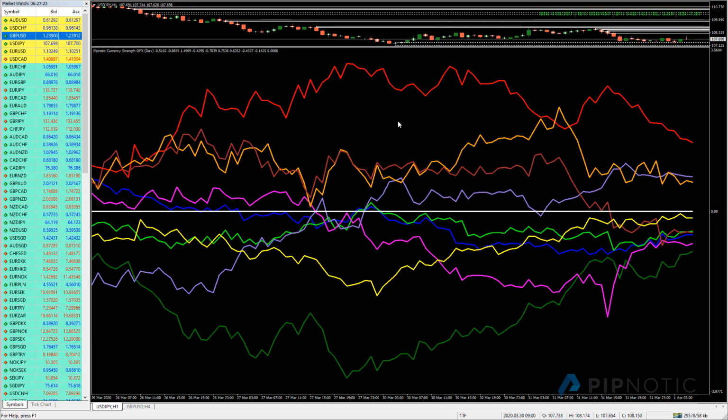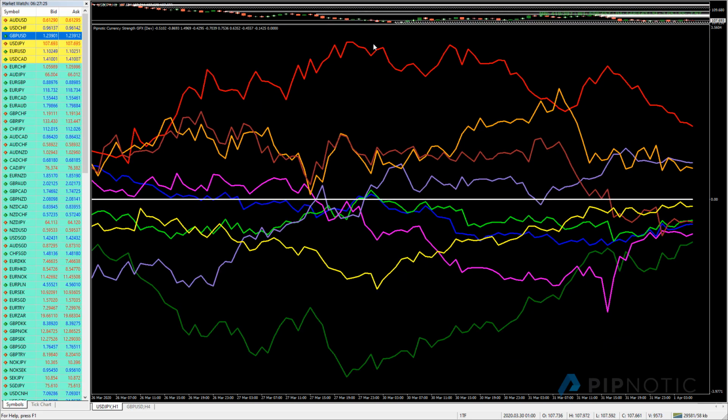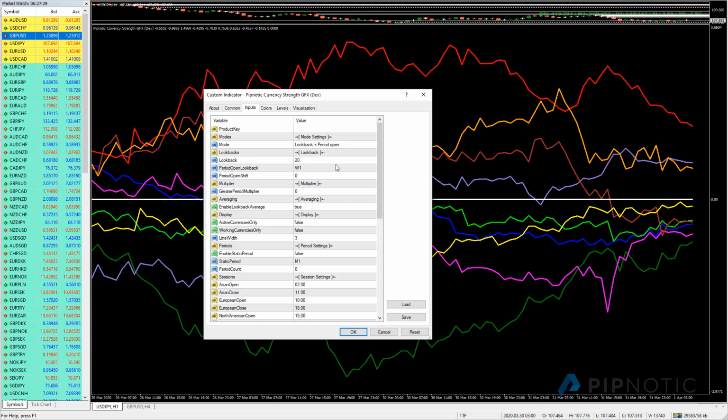So I'll remove that, and we'll cover the last one. And this is one of my personal favorites, and this is quite similar to the session open in that it's showing us currency strength now relative not to the currently open session, but to periods.